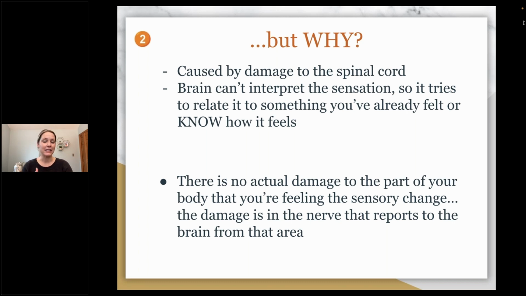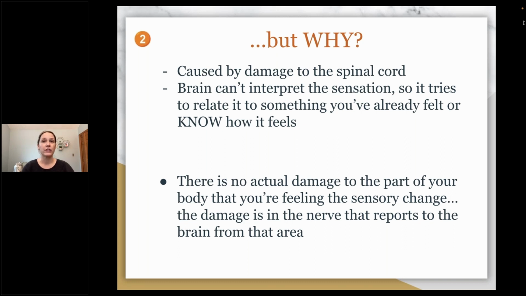And it's wrong, that's not accurate, but your brain doesn't know how to interpret it, which seems silly because logically we could look down and see, what the heck, I'm wearing a flip-flop. Why does it feel like my whole foot is squeezed? But the signals from your spinal cord to these muscles and to your brain are misinterpreting the information.